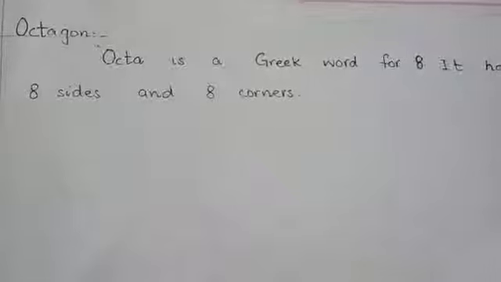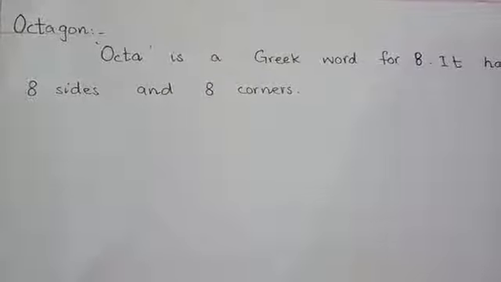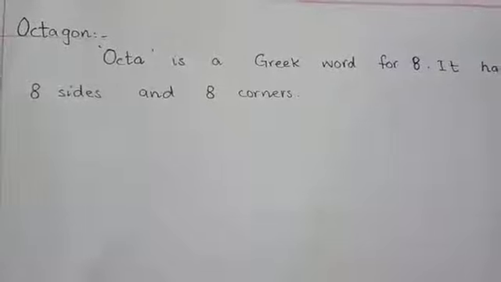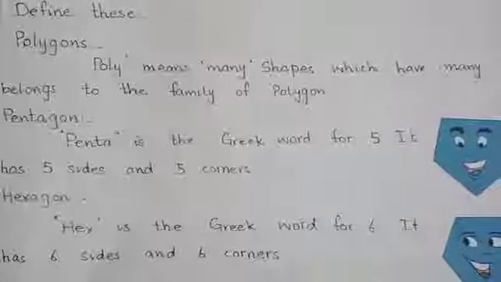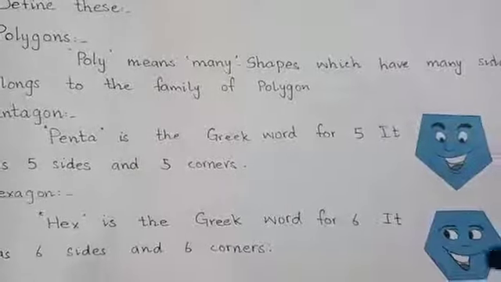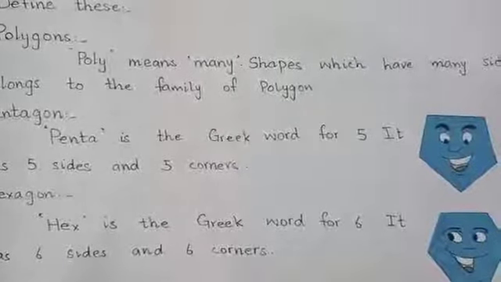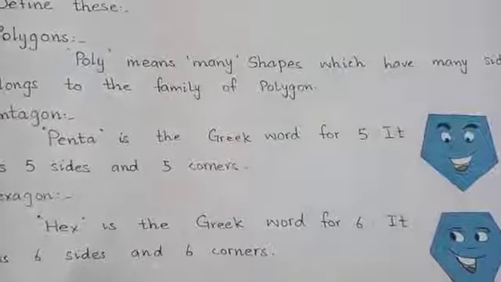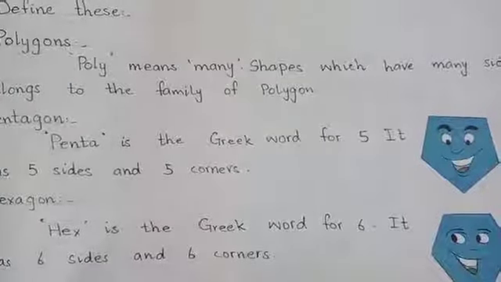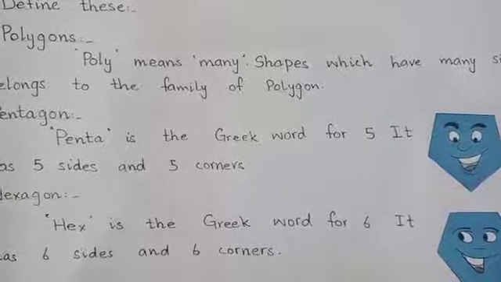So students, these definitions are very easy and simple. Penta means 5, hexa means 6, and octa means 8. Look at these shapes. These 3 shapes have more than 4 sides and belong to the family of polygons. The shapes which have 4 sides are called quadrilaterals, as we learned yesterday.